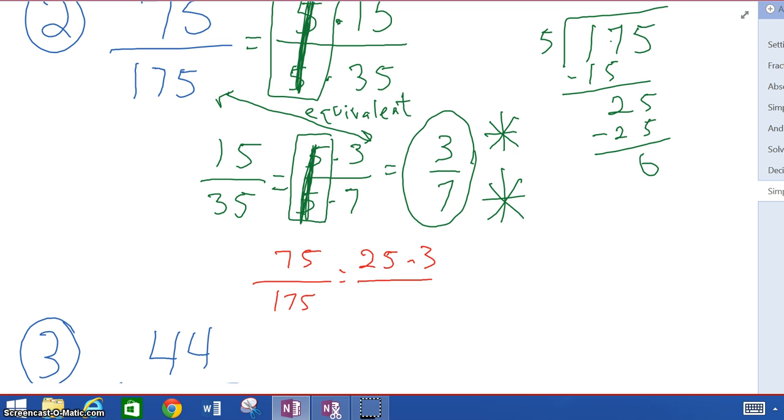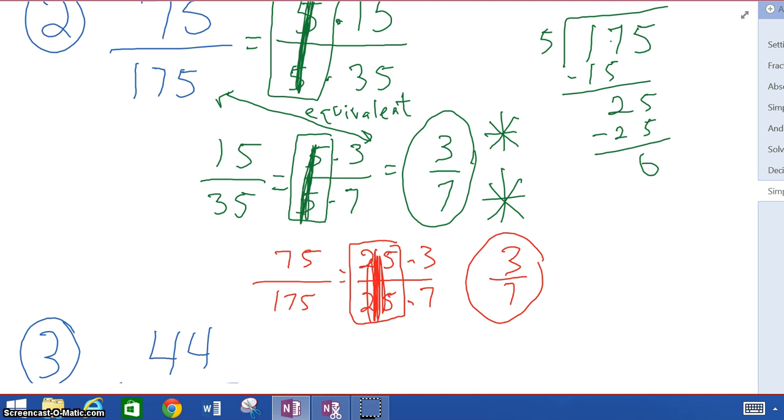And I know 175 is 25 multiplied by 7. So I can reduce this common factor of 25. This becomes a 1. Again, my answer is 3/7. No matter what you reduce it by, you've got to get the same thing. You've got to get another equivalent fraction.